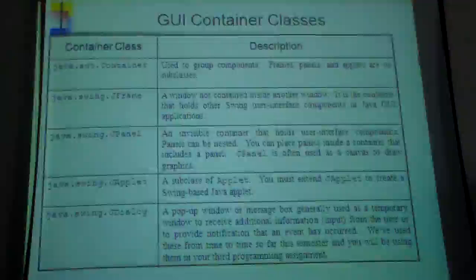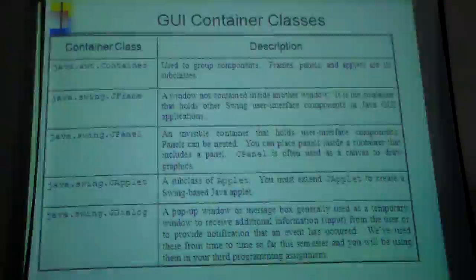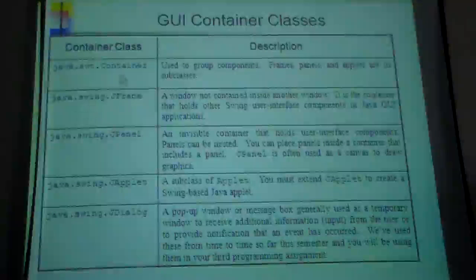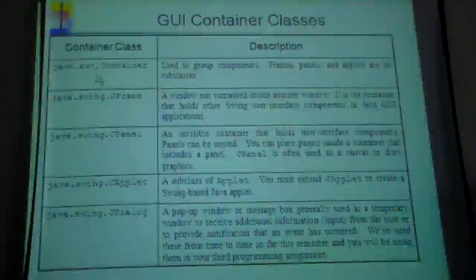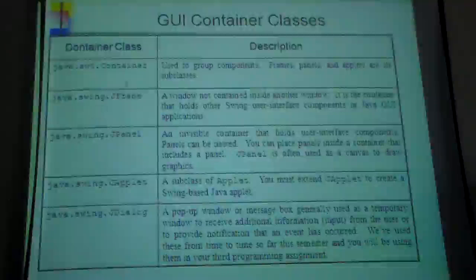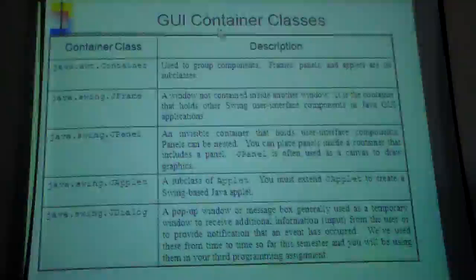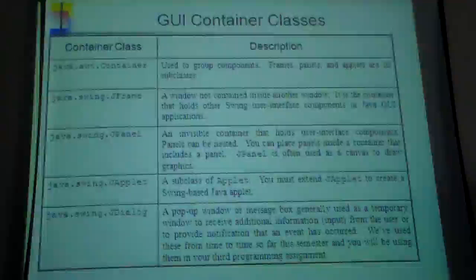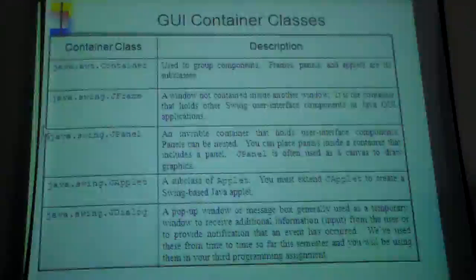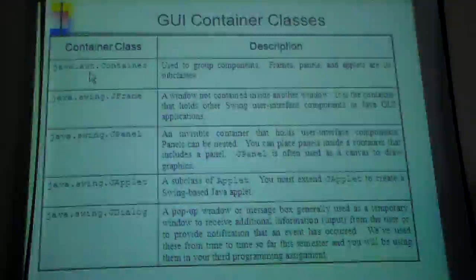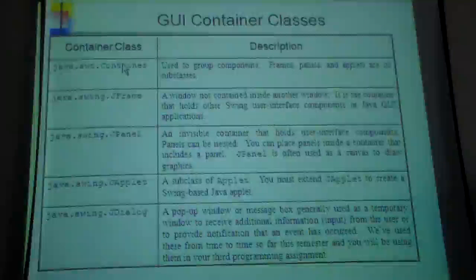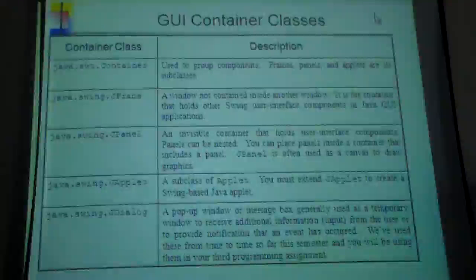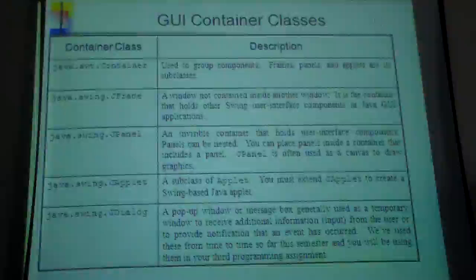So for the graphic user interface container classes, in practice we can get them in java.awt.Container, and we can also get the container classes in Swing in this library. The class Container has subclasses, which are Frame or Dialog or others in AWT.